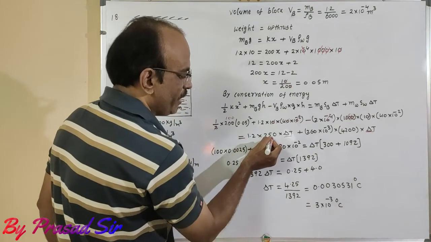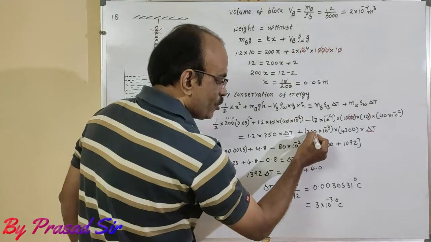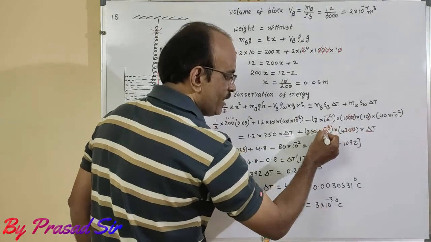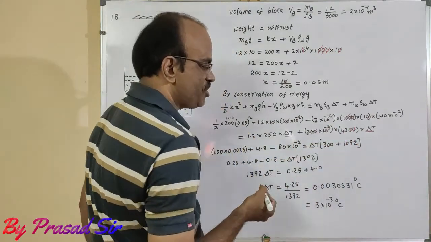1.2 into 250, multiplying that we are getting 300, and here 260, 10, 20, 30, 10 to the power of minus 3 cancel, 26 into 42 we are getting 1092.